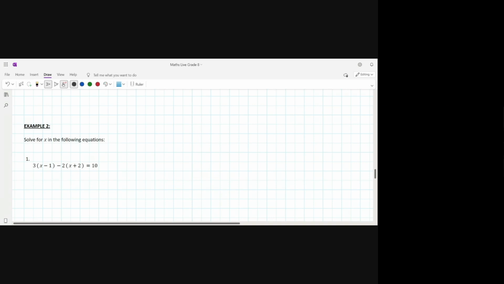In the first one, we are distributing 3, but in the second one, what are we actually distributing? Be very careful. Yes, that's it. Beautiful, guys. So in the next one, we are distributing -2, and not just 2, -2.